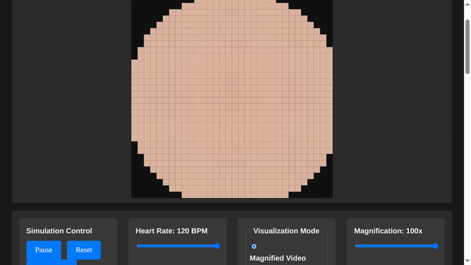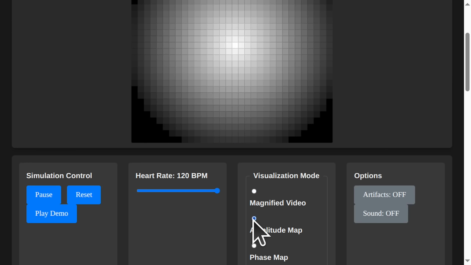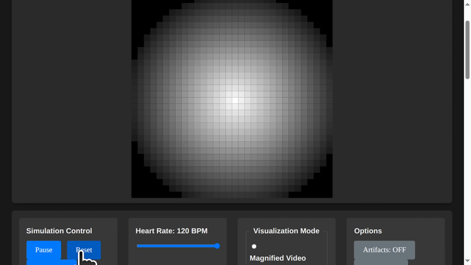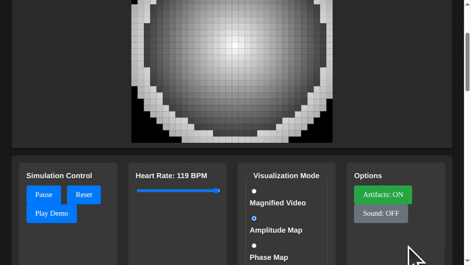Now click on Amplitude map. Whoa, monochrome. It looks like a sonogram of a ghost. The bright parts are, what, the good parts? The bright parts are where the pulse signal is strongest. Think of it as a map showing where the major blood highways are. Darker areas have less flow near the surface. So it's a stud finder for veins. Got it.